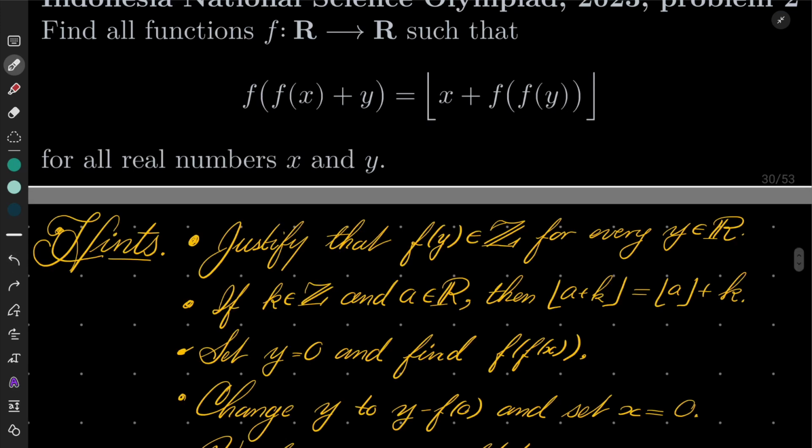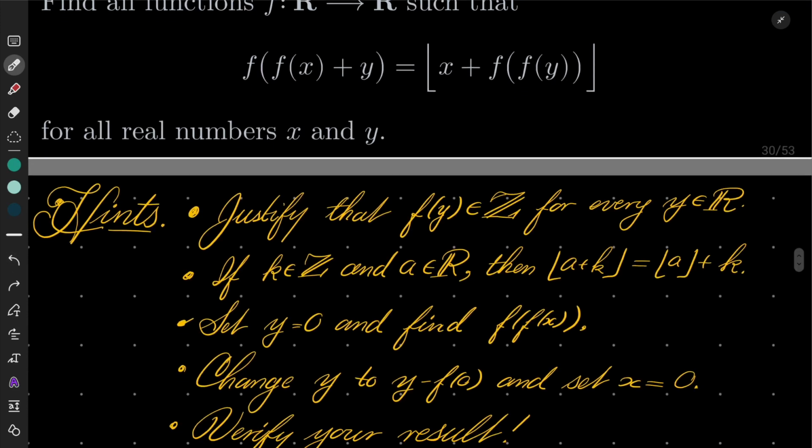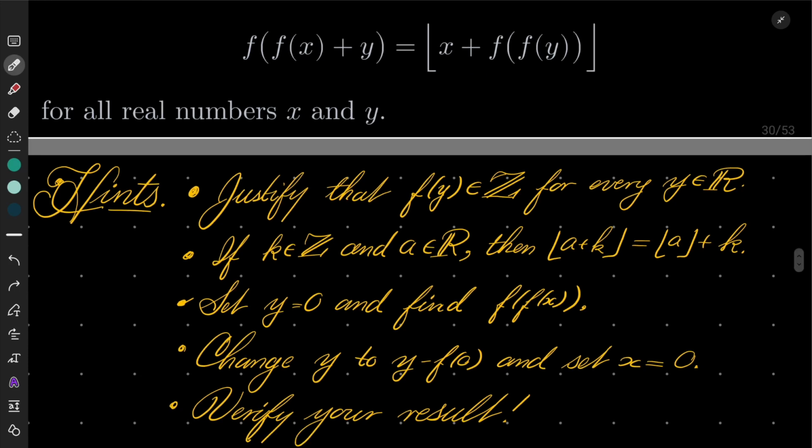Here are my hints. First, show that f of y is always an integer for every real number y. Remember the following property of floor function. A plus integer is a plus that integer outside of the floor.